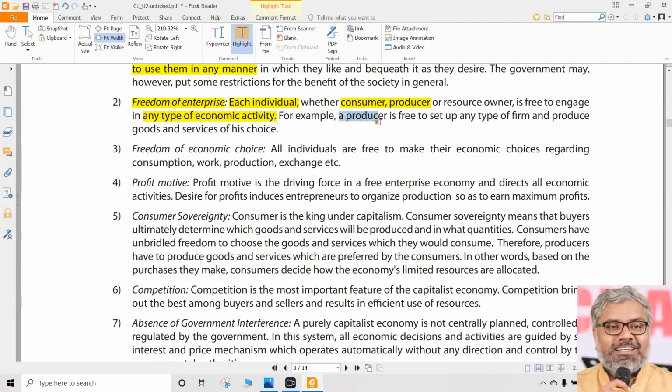So naturally a producer is free to set up any type of firm and produce goods and services of his choice. Government is not going to restrict that, regulate that, or directly interfere in the freedom of an individual to set up any type of organization to produce goods and services.